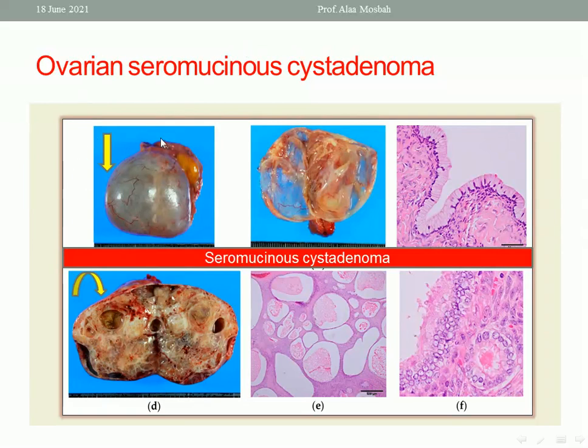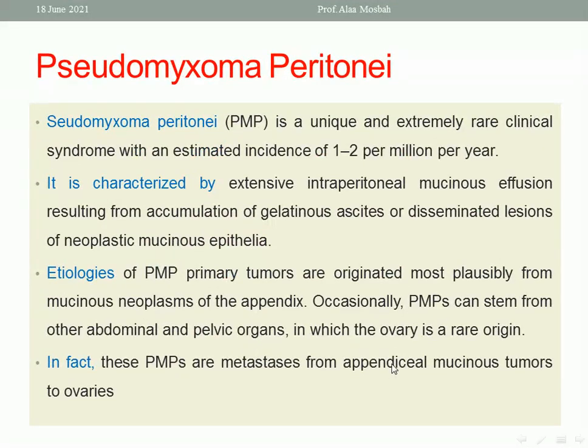This is how it looks. This is the seromucinous cystadenoma. And if you see the cut section, you can see endometriotic spots or patches also, denoting endometriotic origin.